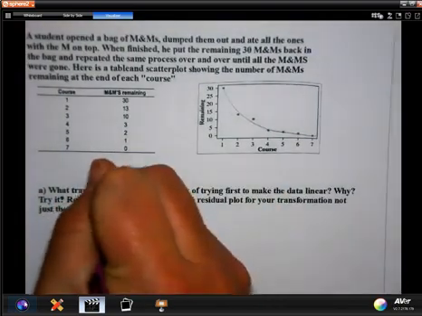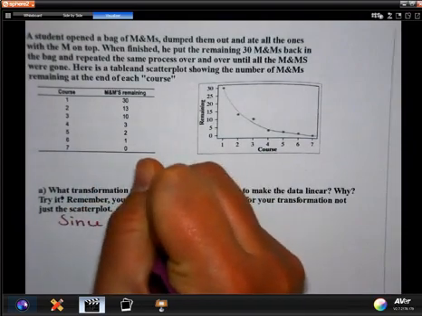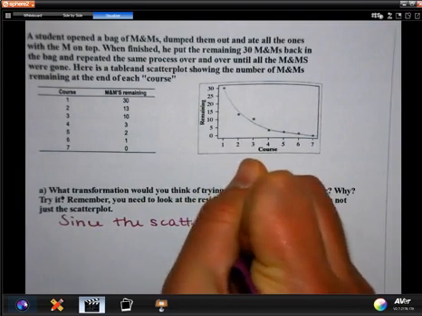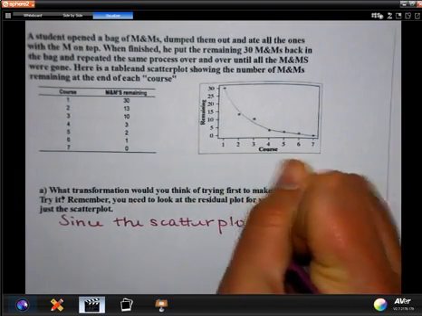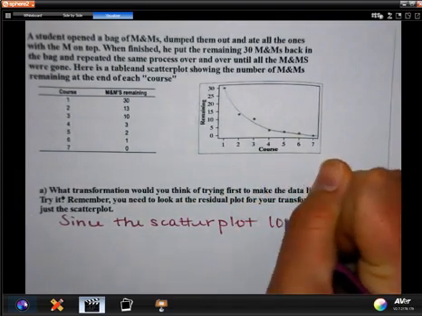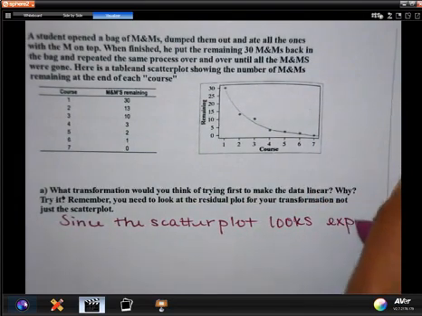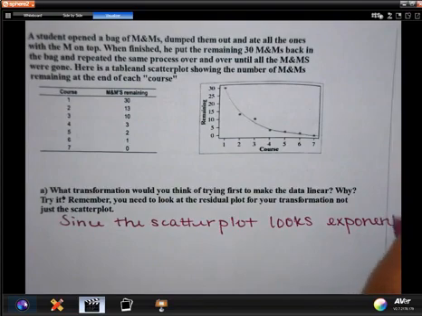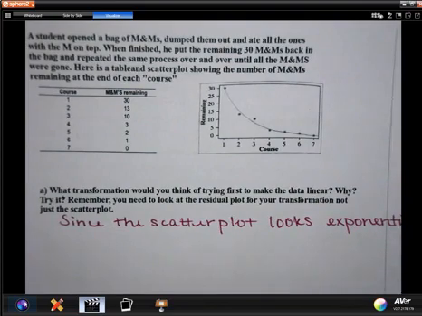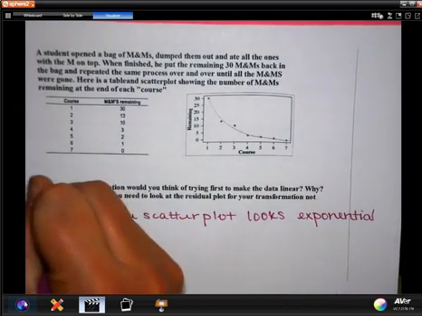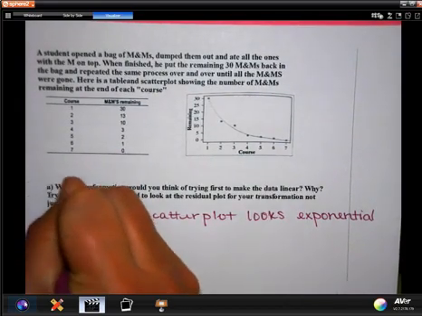Since the scatter plot looks exponential, and it is decay because he's eating them, right?